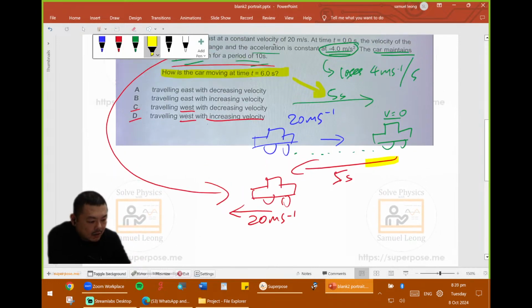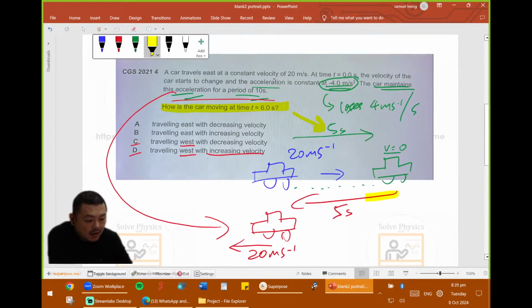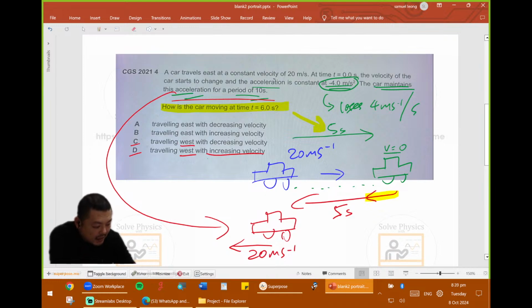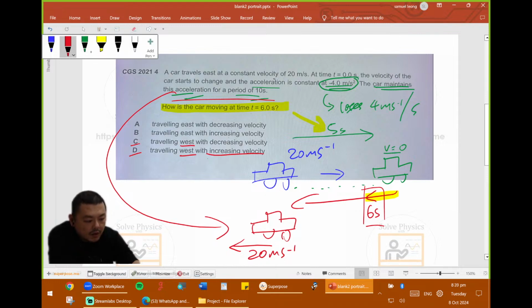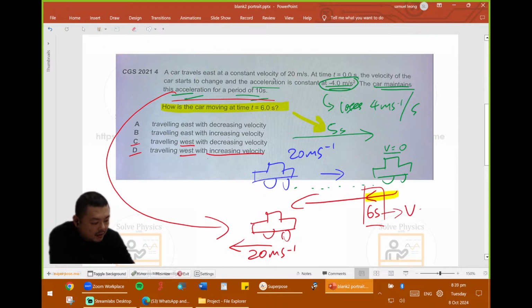Isn't that what the question is asking? At the 6 second mark, what's the speed now? Good, 4 meters per second. Excellent, right? It's 4 meters per second. But then from six all the way to the 10 second mark here, right?